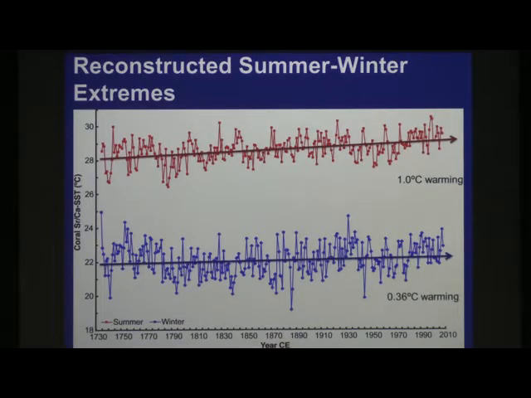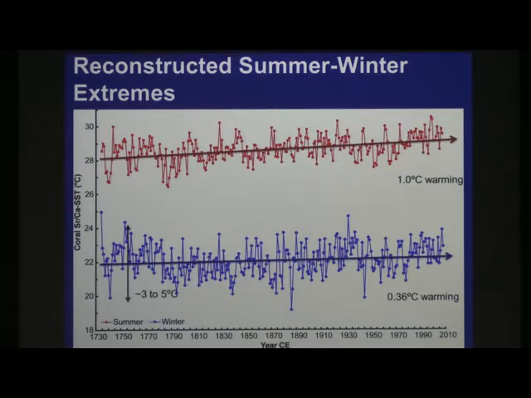If we look at the winters, it's only 0.36, which is interesting, because we're seeing the warming mostly in the summer temperatures. We think of the Gulf as getting warm every summer, it's always done that, but what the coral record is showing us is most of the warming is occurring in the summers, not in the winters.